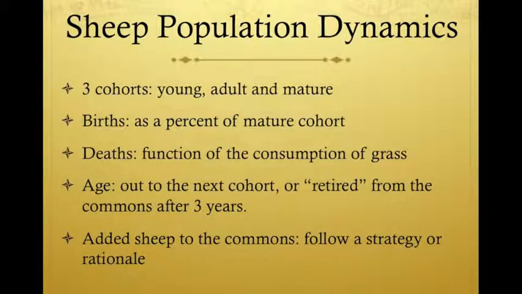So the villagers have a strategy or a rationale to add sheep to the commons for feeding purposes. This is going to be the way that human intervention in this process affects the dynamics.